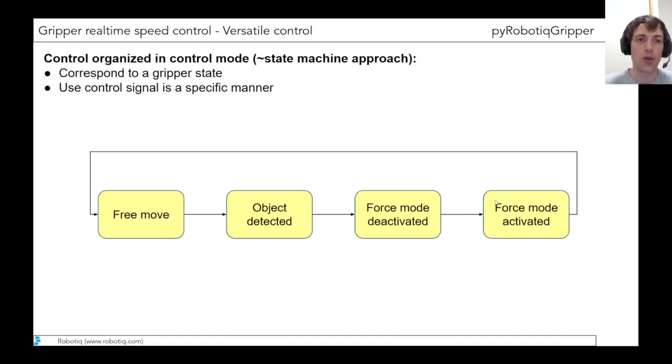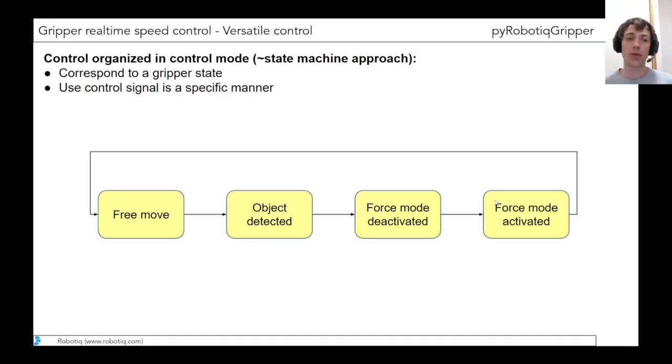So the control is split into different modes, and each mode corresponds to a given gripper state, and each mode also has its own way to process the control signal. So here you have the flow of those control modes.